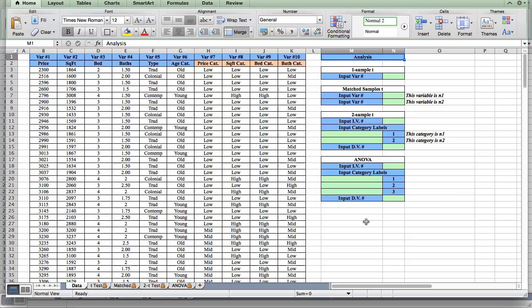If we wanted to test the quality of our sample information in terms of square feet, we could use our one sample t-test, and we could test that assumed value of 2,300. So square feet is variable 2. We could run this test very simply using our inference for means tool.